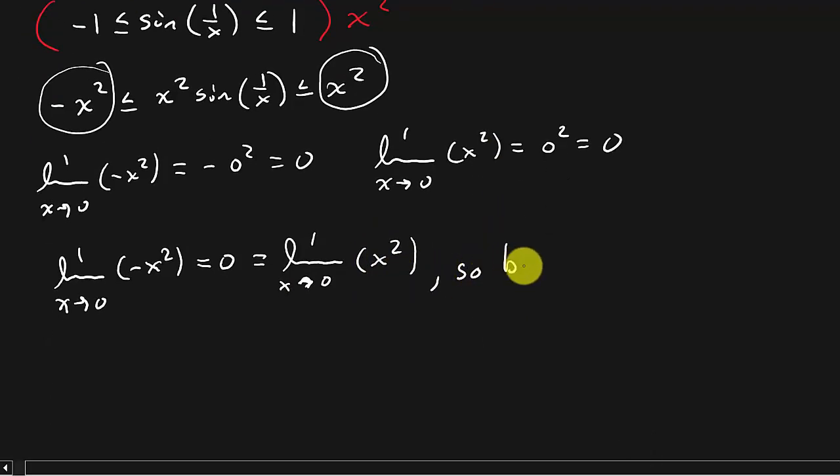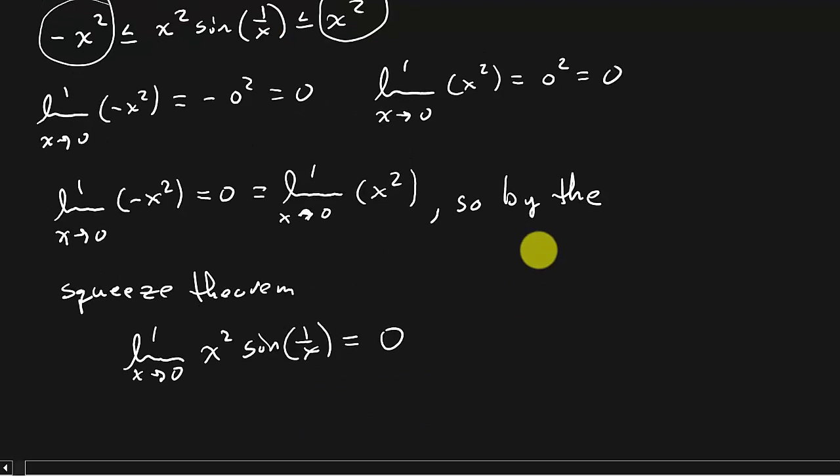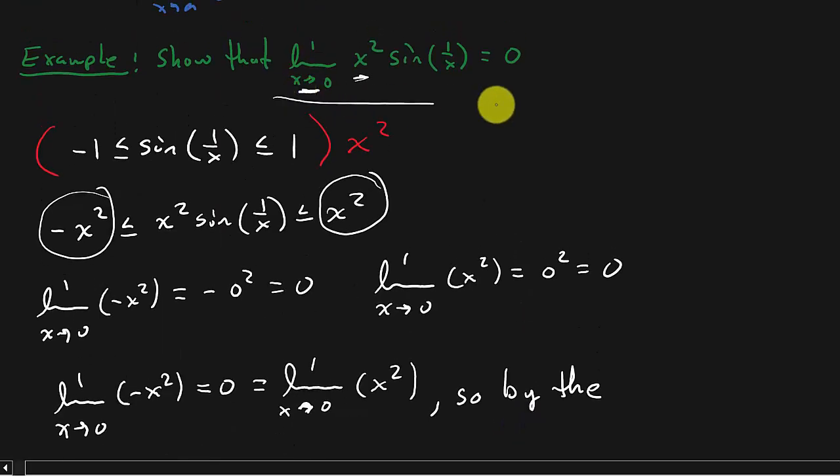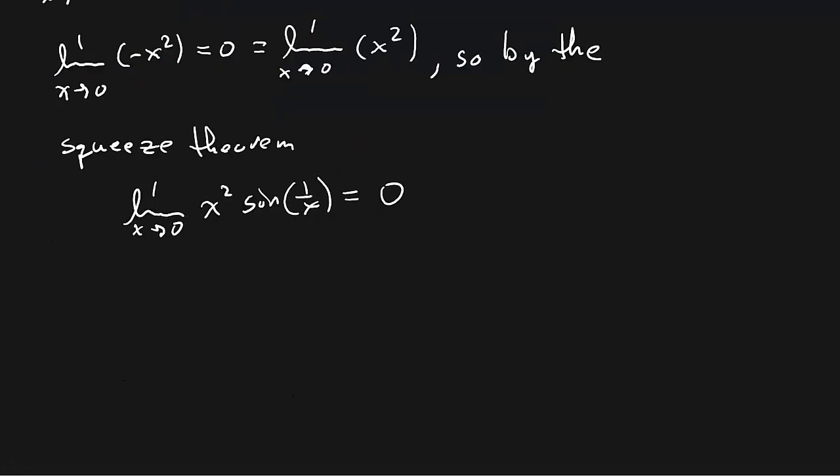So by the squeeze theorem, the limit as x goes to 0 of x squared times sine of 1 over x is equal to 0. And so there we have shown that this limit here is equal to 0. And that is all of this video.